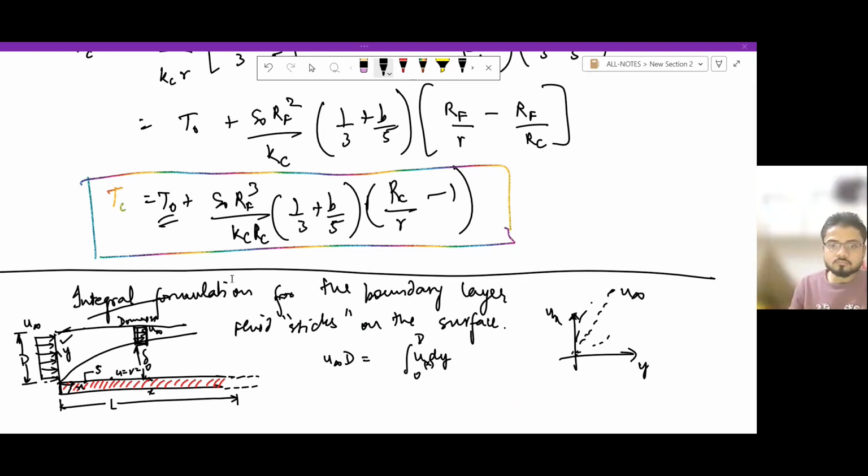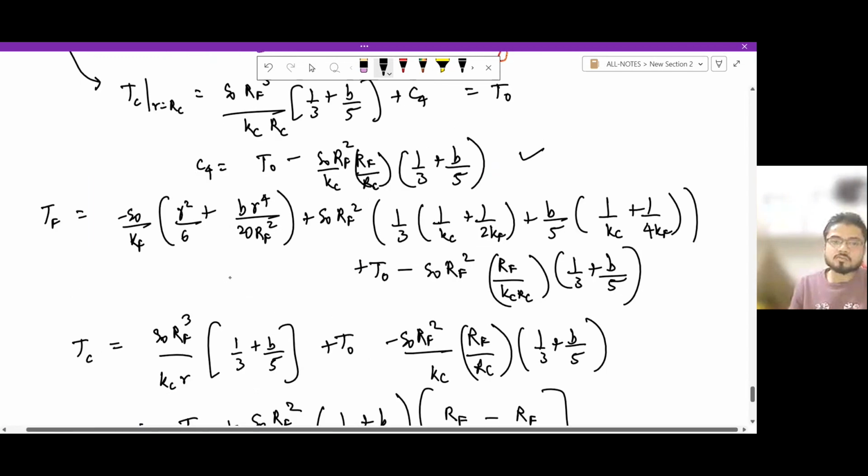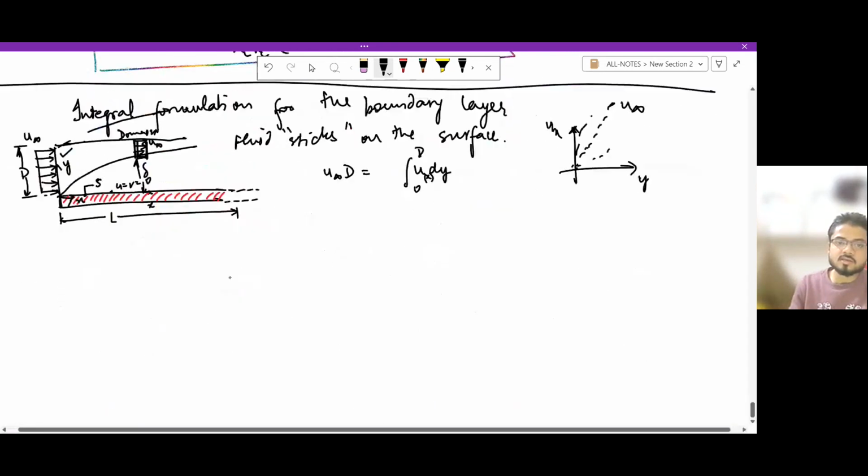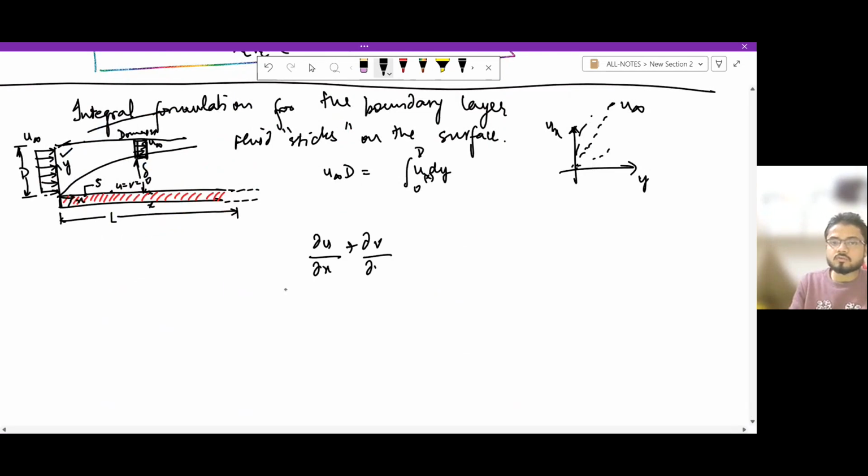Okay. Now that is the core concept of the boundary layer. So we are trying to obtain this mass deficit. How to do that is that first we write the continuity equation, del u by del x plus del v by del y equals 0 for an incompressible fluid.